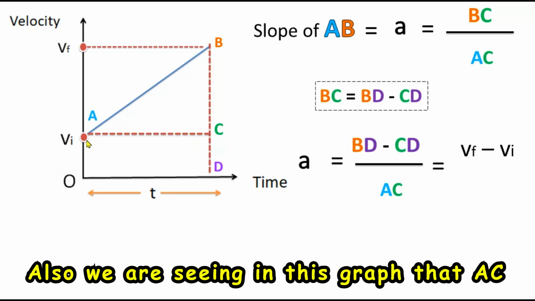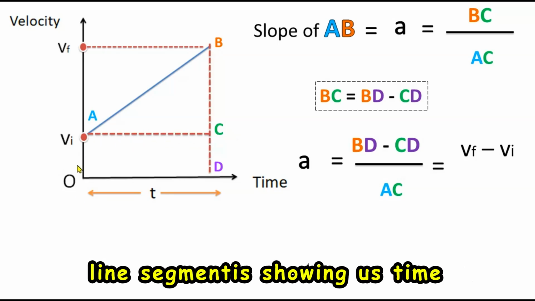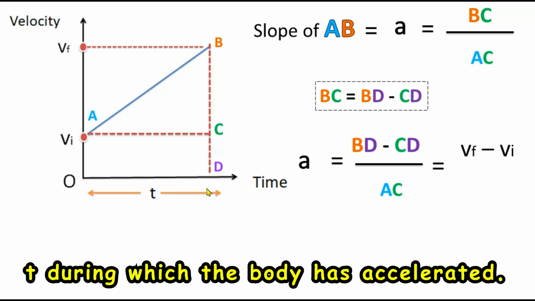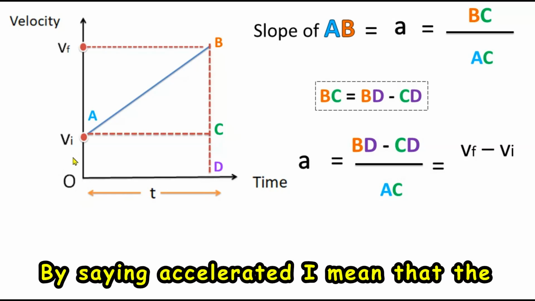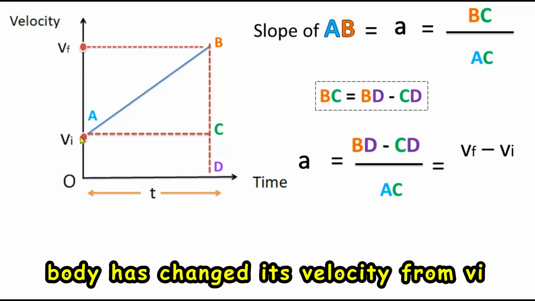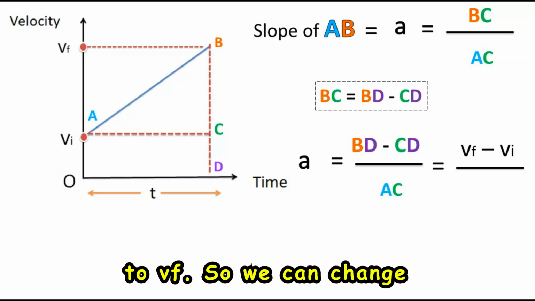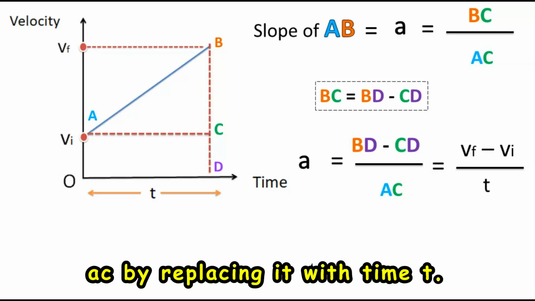Also, we are seeing in this graph that the AC line segment is showing us time t during which the body has accelerated. By saying accelerated, I mean that the body has changed its velocity from Vi to Vf. So we can replace AC with time t.